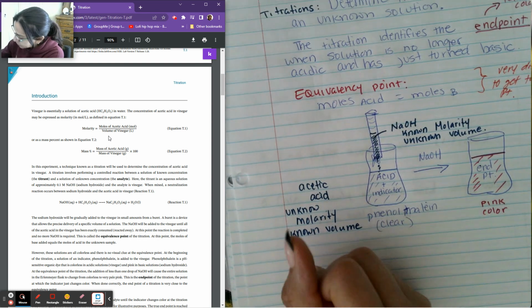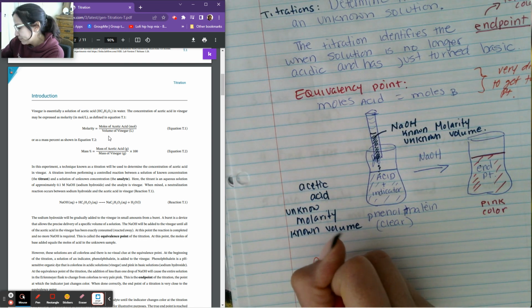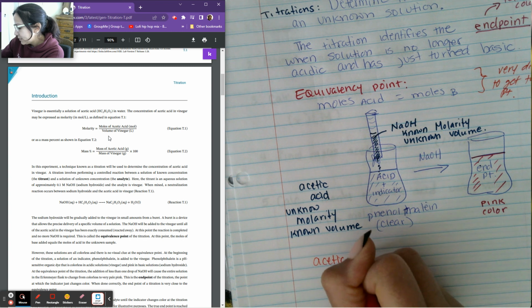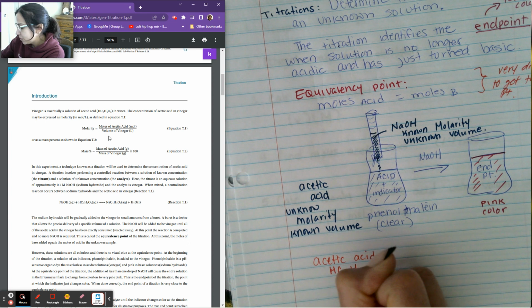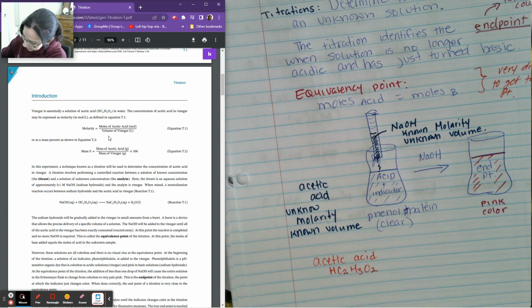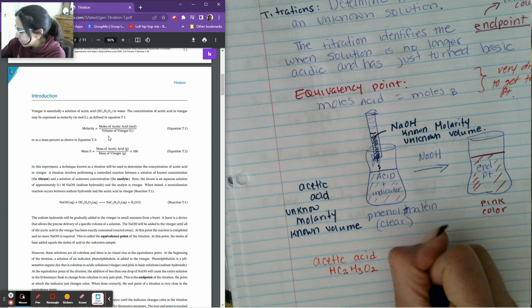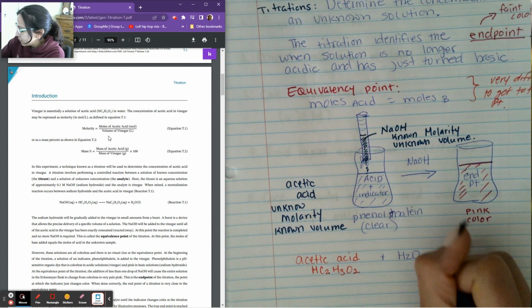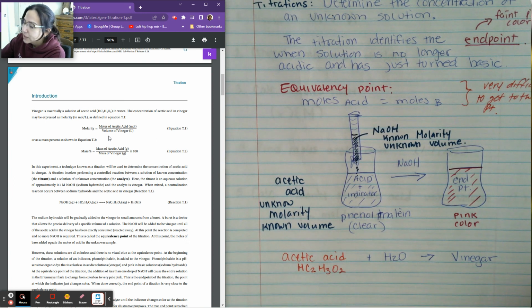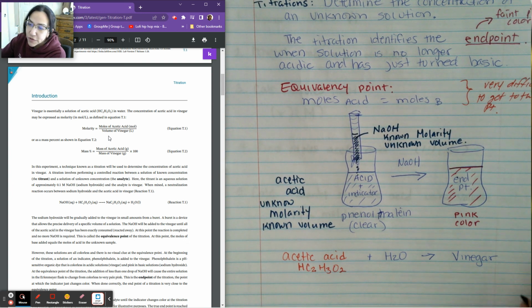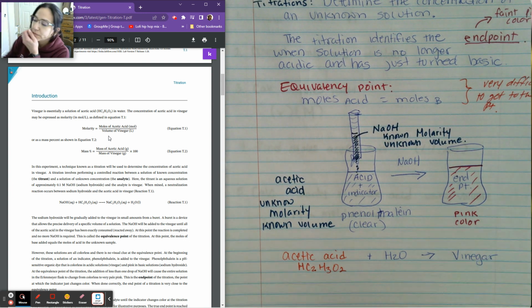Acetic acid is known as HC2H3O2. If you take acetic acid and you add water to it, you're going to get vinegar. A certain percentage of vinegar is going to form.